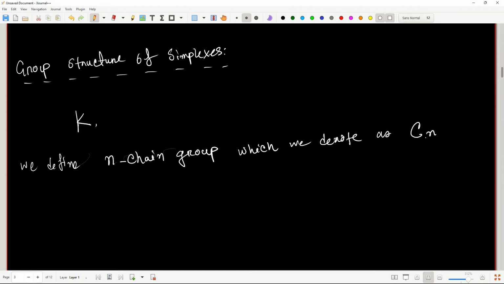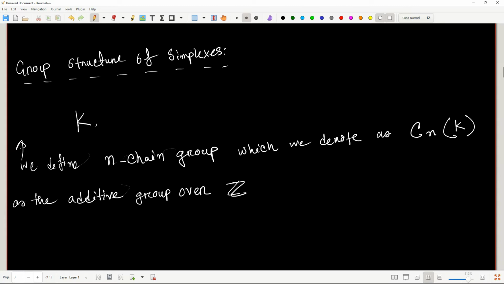C means chains, n means this is an n-chain, as the additive group over the set of integers.